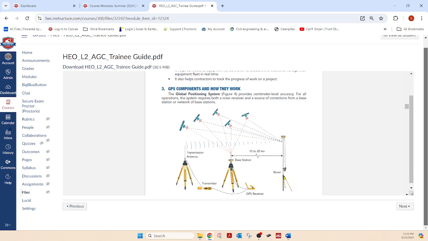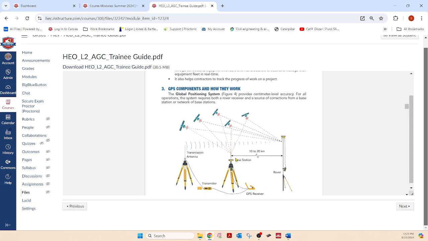RTK is real-time kinetics. So that's what these base stations have atomic clocks in them, which means they can tell like microseconds, and they can make adjustments.